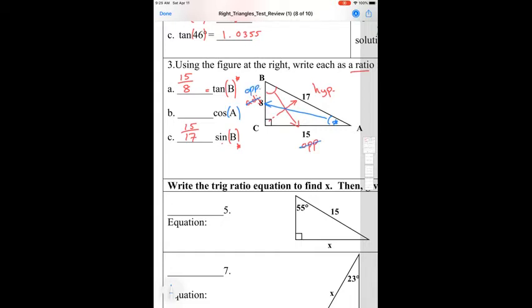And next to it is no longer the opposite side, but now the adjacent side. And the hypotenuse does not change because it's still always across your 90-degree angle. So cosine is adjacent over hypotenuse, so here I'm going to have 15 over 17. And in your other problems, if you can simplify, simplify. Here, we can't simplify any of these, so they're going to stay as is.